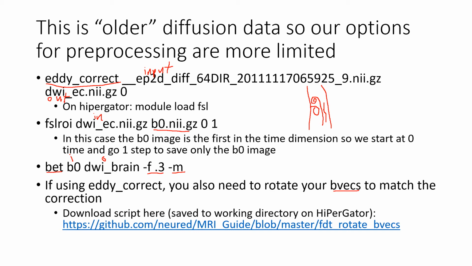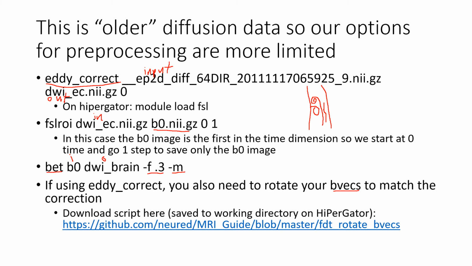The scan could take anywhere from 6 or 7 or 8 minutes, or 20 minutes. In this particular instance it was a really long scan, and people aren't perfectly still. If you move your head a little bit during that time, or a lot, hopefully not a lot, then you're going to have to line all of the pictures up with one another, and that's what you're doing with eddy correct.